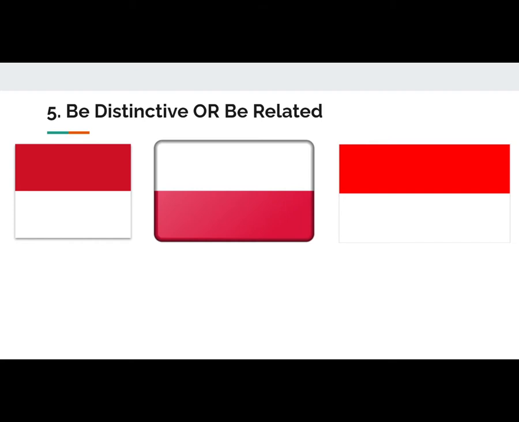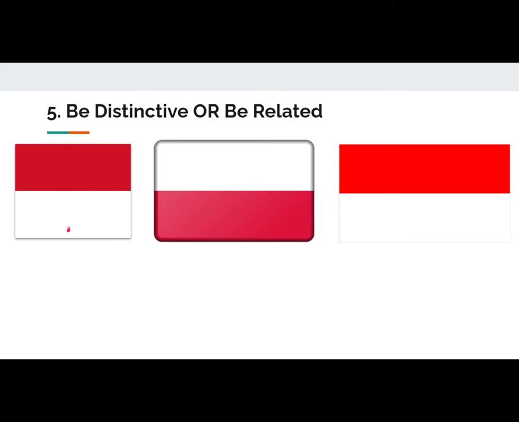Okay. Now, here's 3 countries, 3 different flags. They are not related. And now I get to play the game if I can remember which country is which. And I'm not sure I can. But I think, if I remember, this is Monaco. Monaco is famous for their casinos and their F1 races.